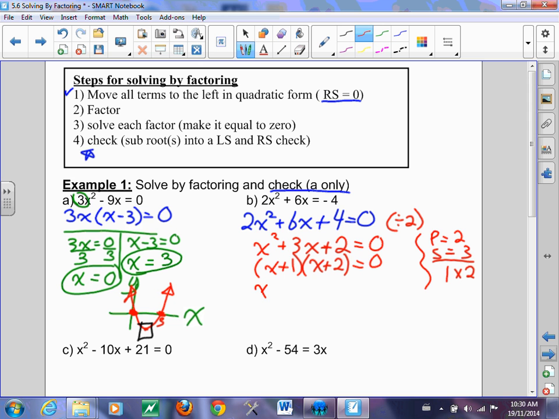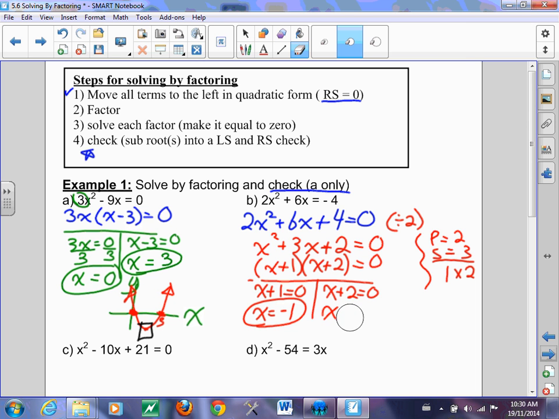So x plus 1 equals 0, which means x equals negative 1 when you bring that over. It's one solution. And x plus 2 equals 0. Let me erase that. Take the positive 2, bring it over, becomes a negative 2.